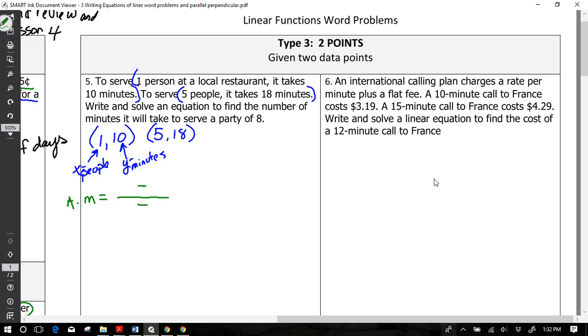Remember, it is on top it is y2 minus y1 over x2 minus x1. And what I can do now is reduce. 18 minus 10 is 8. 5 minus 1 is 4. And that reduces to just a 2.